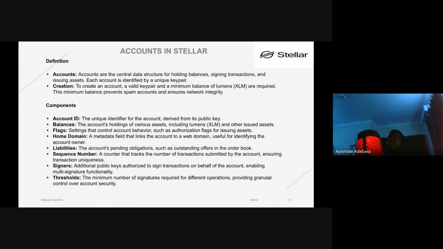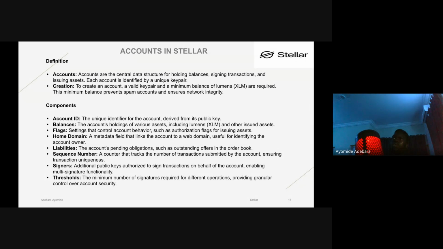Then we have what we call balances: the account holding of various assets, including lumens and other issued assets. So the balances is where you find the lumen, and these balances are actually embedded inside of the Stellar Core itself. What do I mean by this?